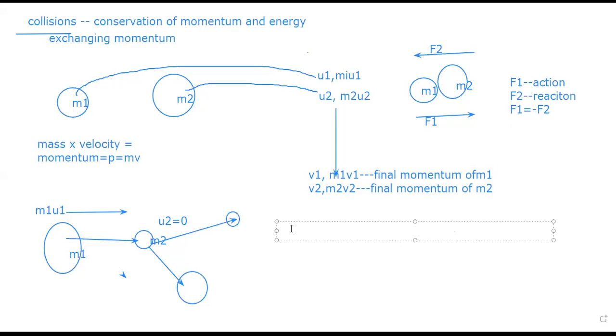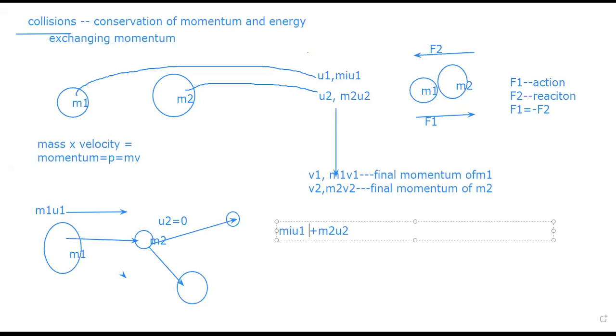During any type of collision, whatever the type, we didn't discuss the types of collision, in the next class we will discuss them, but during any collision, what momentum the system has before the collision, the total momentum before the collision is m1 u1 plus m2 u2. This is the total momentum before the collision of the two masses.